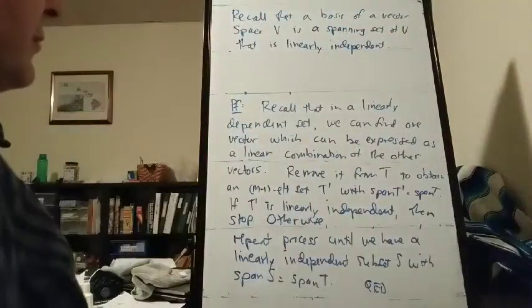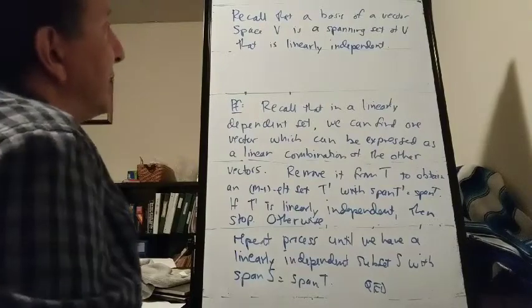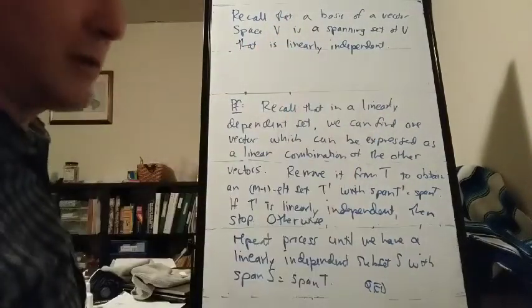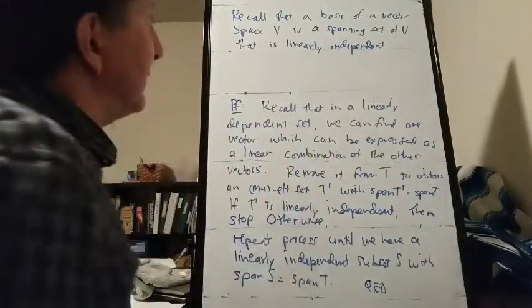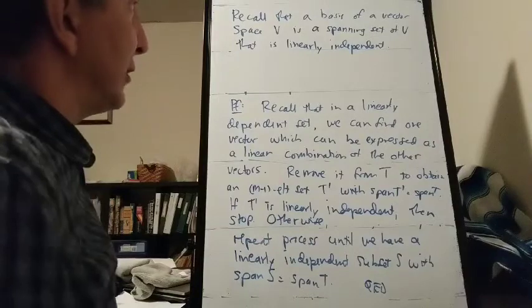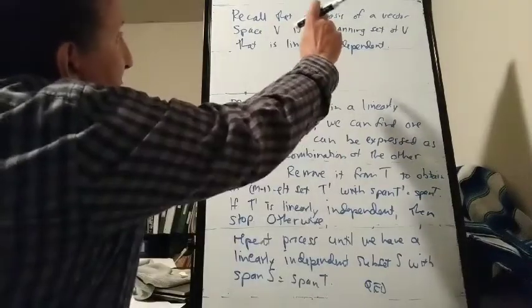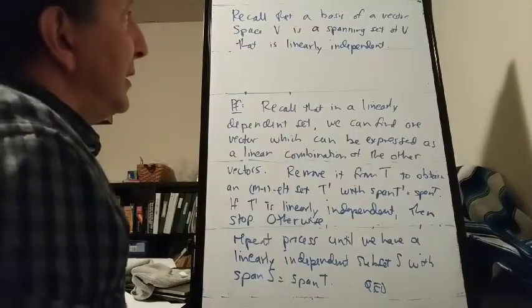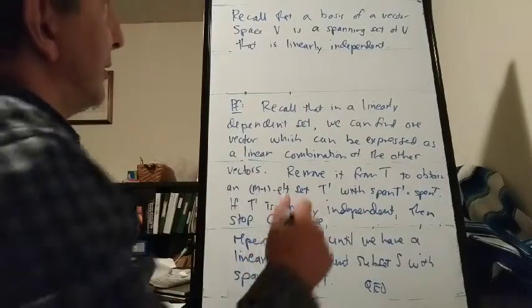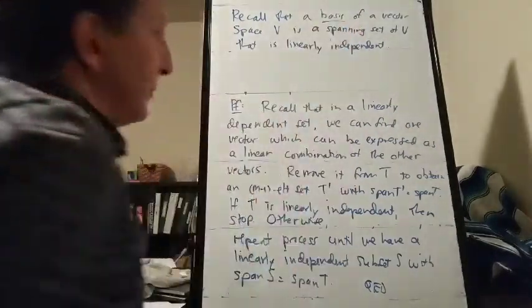Spanning the vector space means that you can take linear combinations of this set to get anything you want in the vector space. Linearly independent means the only linear combination of these elements that's equal to 0 is the zero linear combination. So those two properties, being a spanning set and being linearly independent, define basis. That's what basis means.